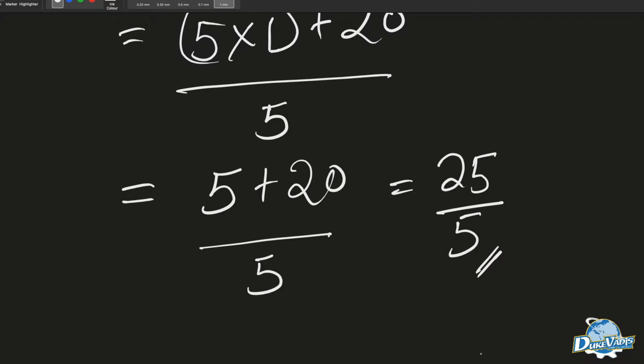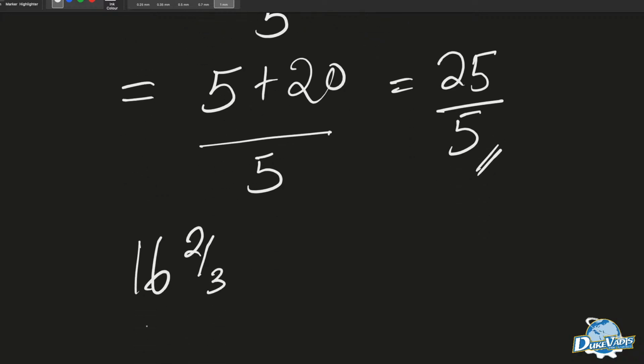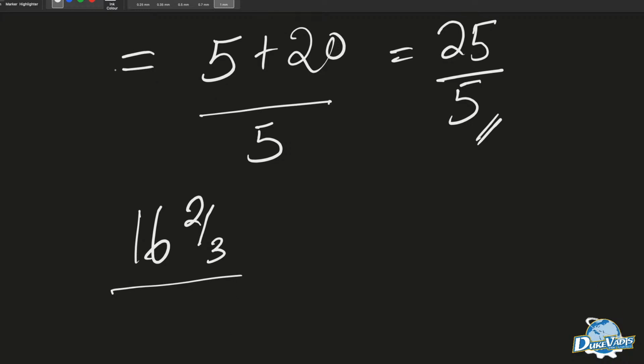Let's do one more example. Okay, we have 16 whole number, 2 over 3. They say we should convert this into a fraction. So let's use another color to beautify our work.